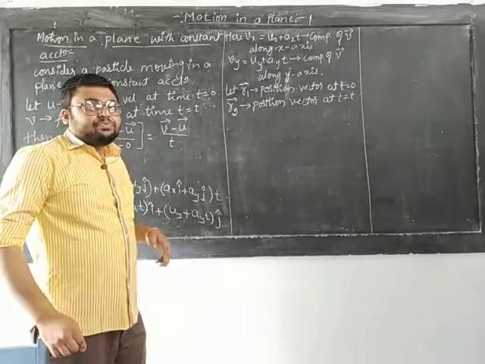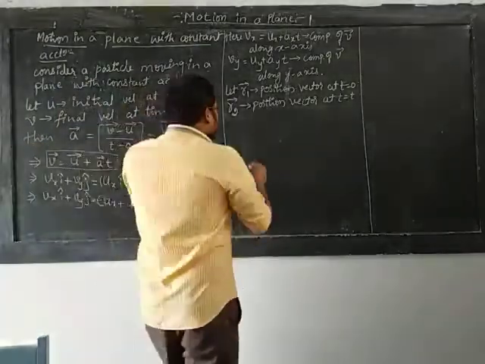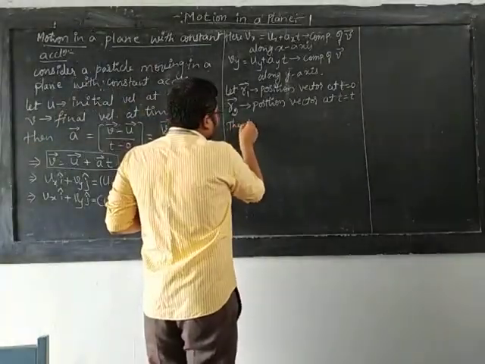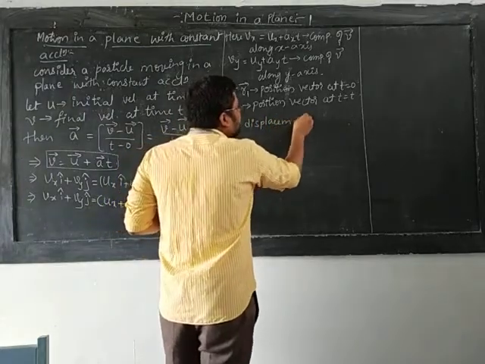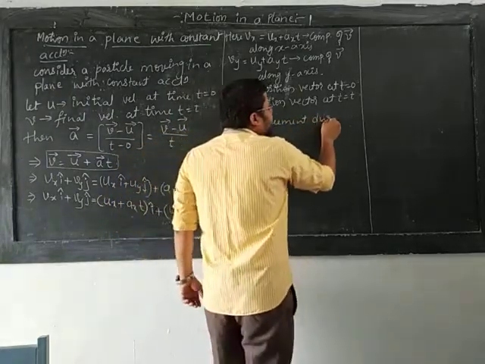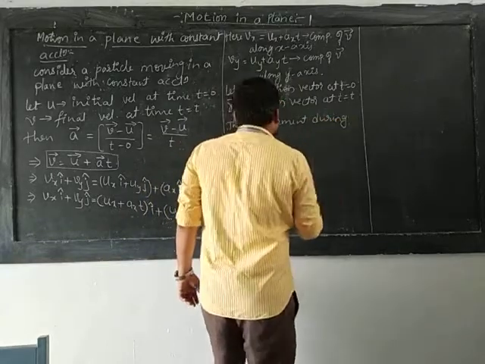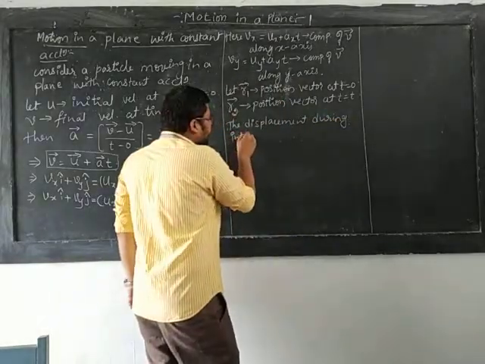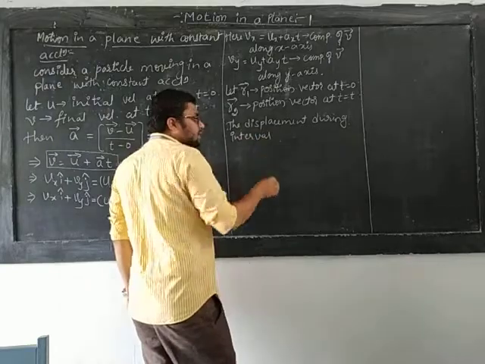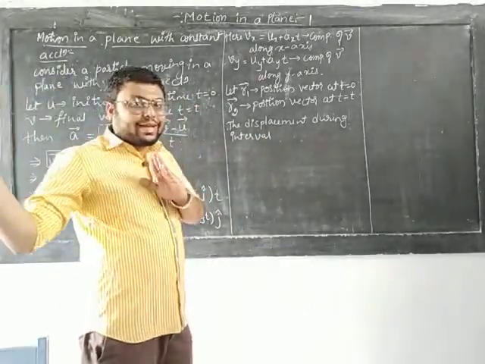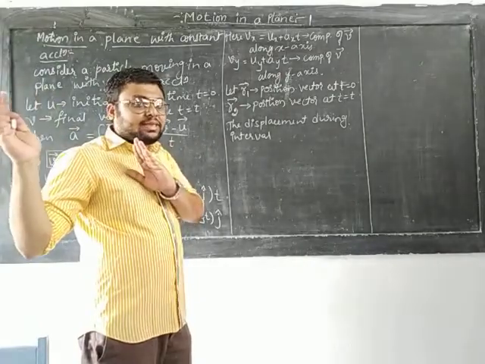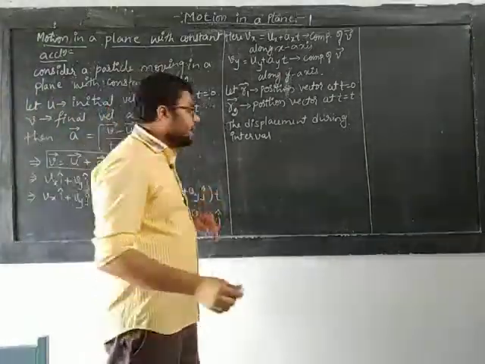Then here, the displacement during the interval t equal to 0 to t equal to t. That interval means t minus 0 is equal to t.